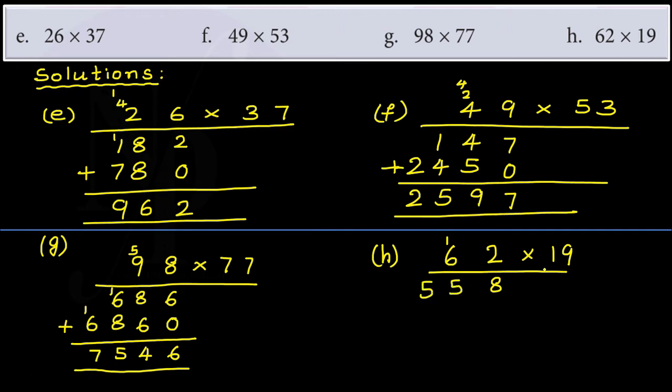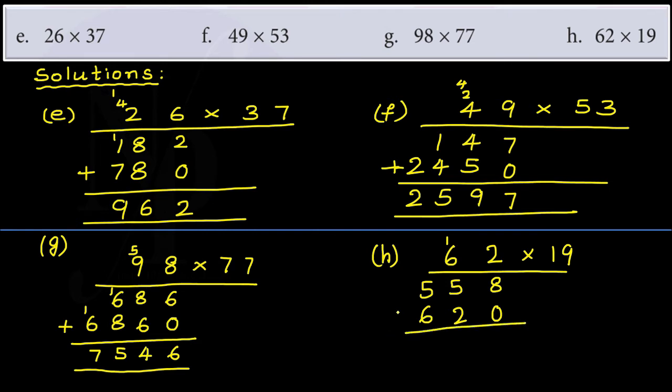Now let's multiply 62 by 1, and before that we should put 0 in ones place here in this product. Now we multiply 62 by 1. So 1 2 is 2, 1 6 is 6. So 620 is the product.